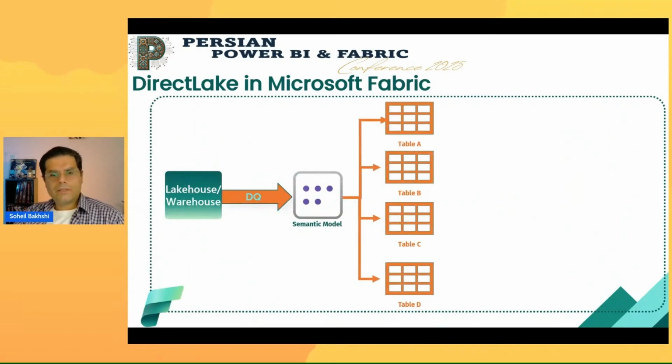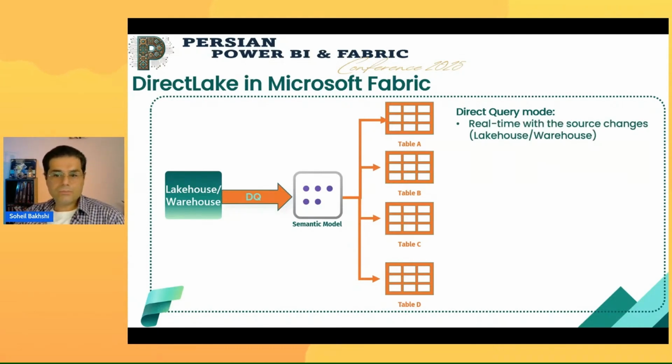A semantic model in Microsoft Fabric can connect to a lakehouse or a warehouse in DirectQuery mode. And all tables are in DirectQuery mode, right? So when we go with DirectQuery mode, we have the real-time capabilities with the source, which is our lakehouse or warehouse.